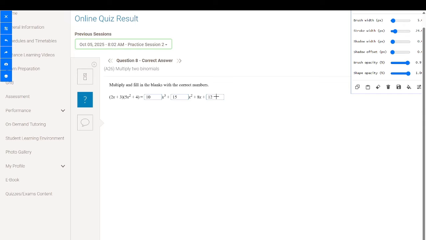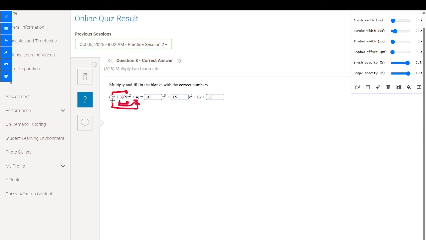Multiply and fill in the blanks with the correct numbers. We have 2x plus 3 and 5x squared plus 4. We can take any term and multiply it with the other. For example, here we have 2x plus 3 and 5x squared plus 4. So we'll say 2x multiply 5x squared, then 2x multiply 4, then 3 multiply 5x squared and 3 multiply 4.